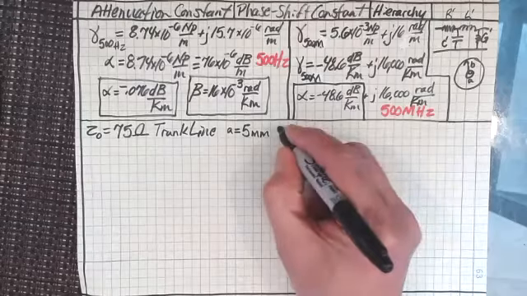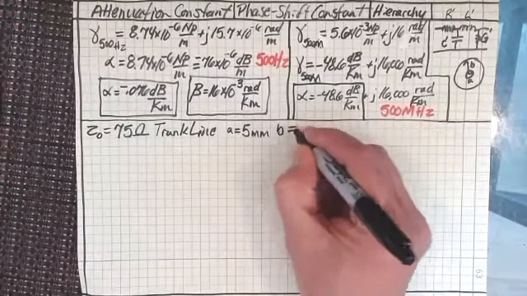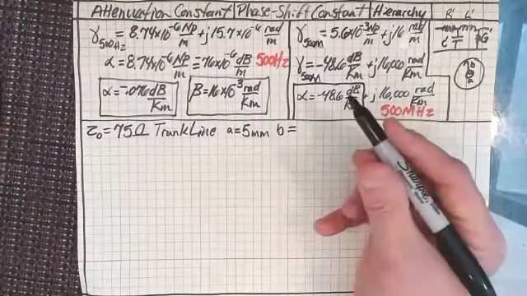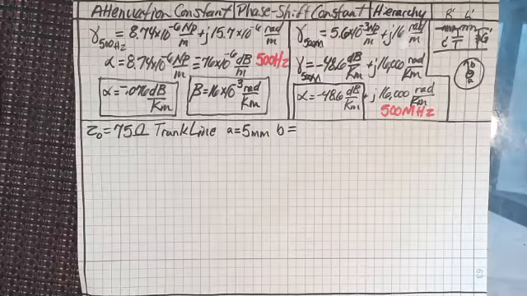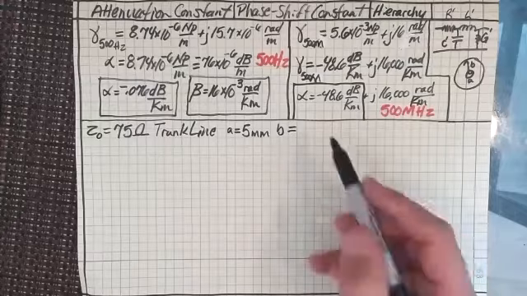But what that also means is that B would be 6.8... What is it? What do I have again? I can't remember.